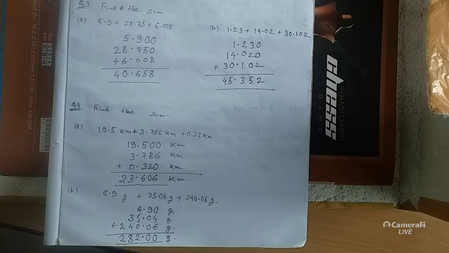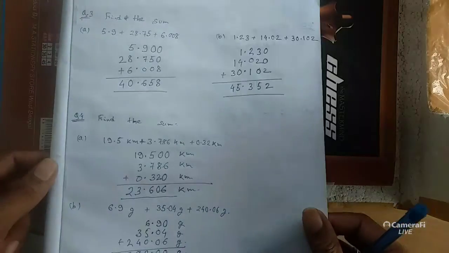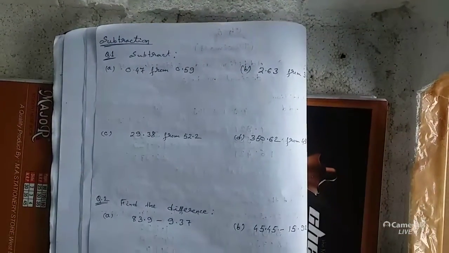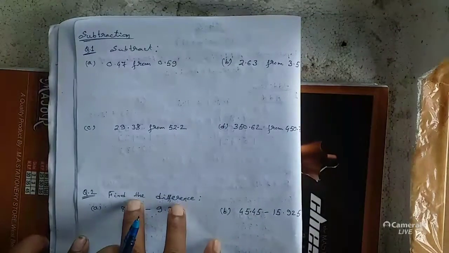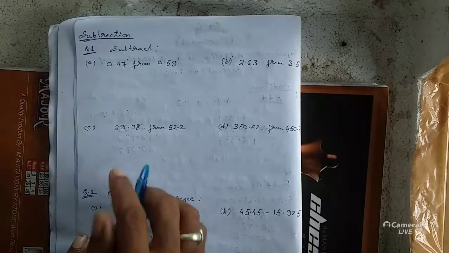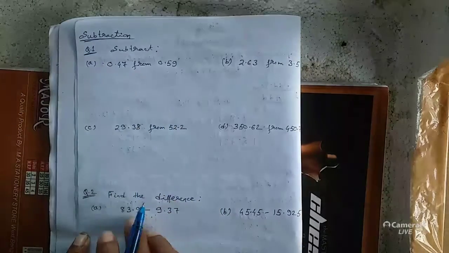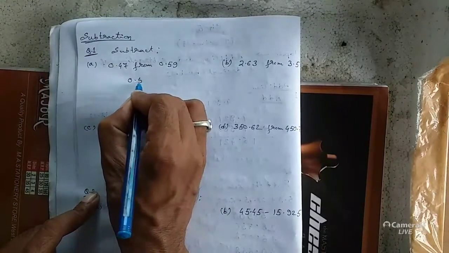So this was about some additions on decimal numbers. Now we will come to the next part, which is subtraction of decimal numbers. See question number 1: subtract 0.47 from 0.59. So 0.59 is the above number.